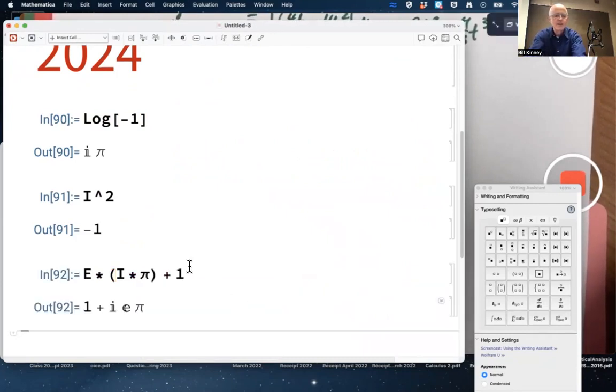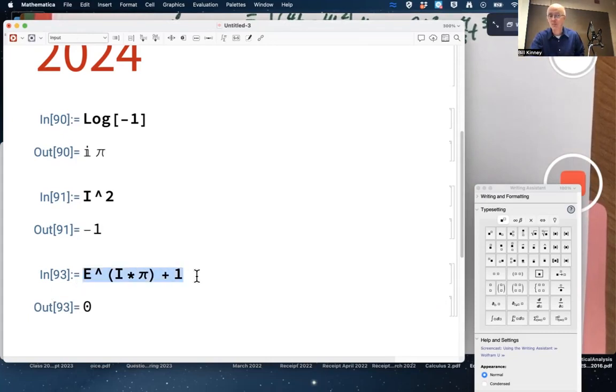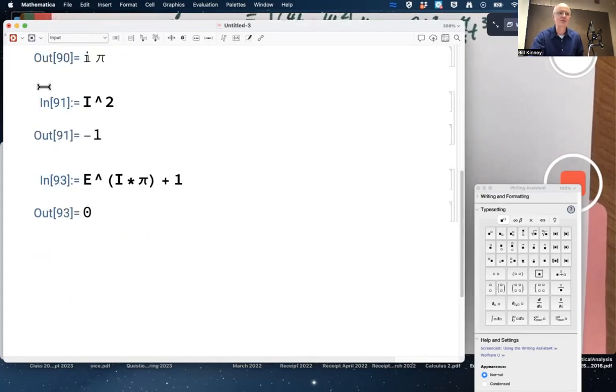Wait, oh, that's e to the i pi power plus 1 is 0. What in the world am I talking about? You may have heard of e to the i pi plus 1 equaling 0 before. It's the most famous equation in math. Anyway, that's related to this. We're not going to get into that right now. That's just for fun.